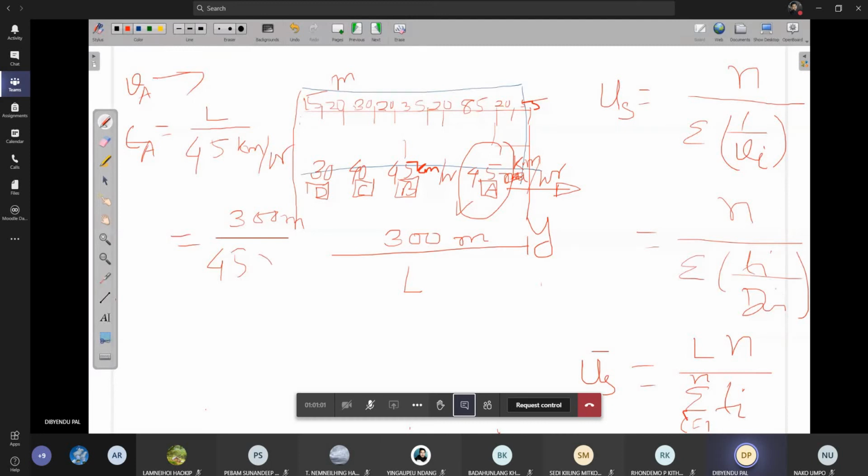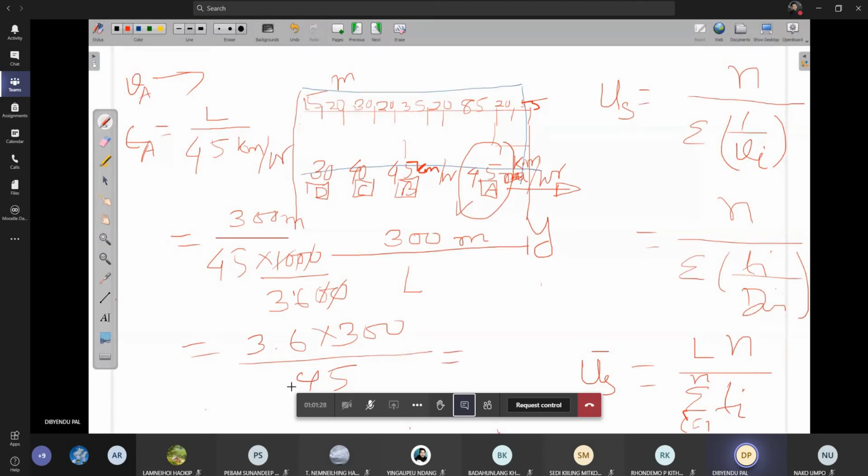If I write it in meter per second, that means 45 into 1000 meter, and this hour in terms of seconds is 3600. If you do the calculation, this 0 gets cancelled, and you get 3.6. So multiply 3.6 into 300 divided by 45.